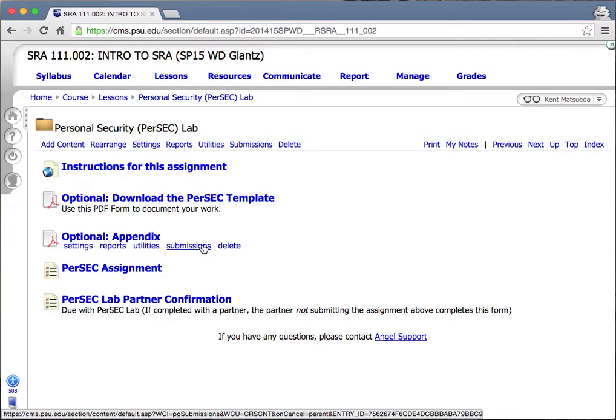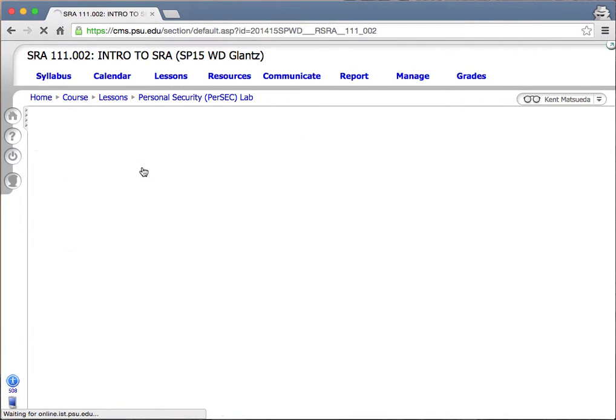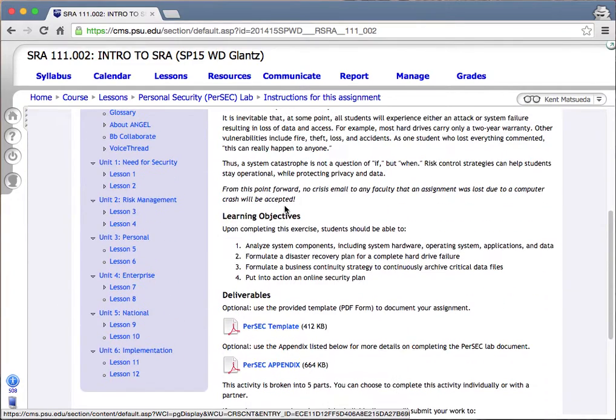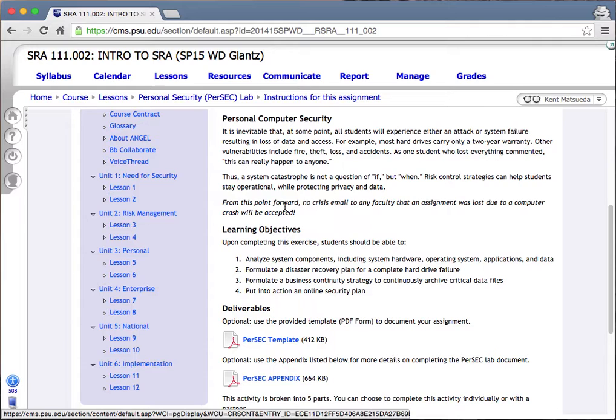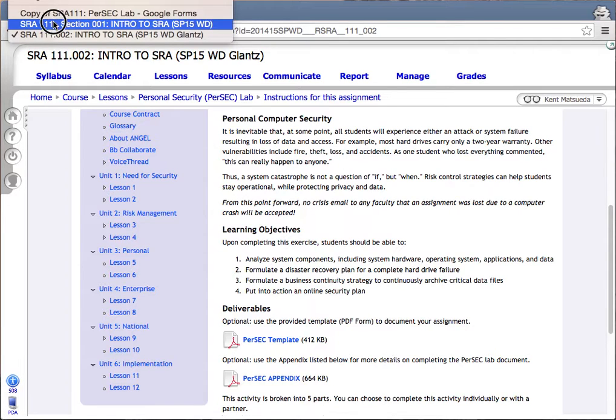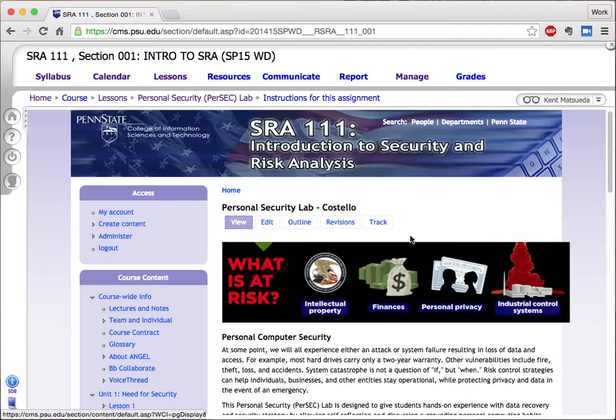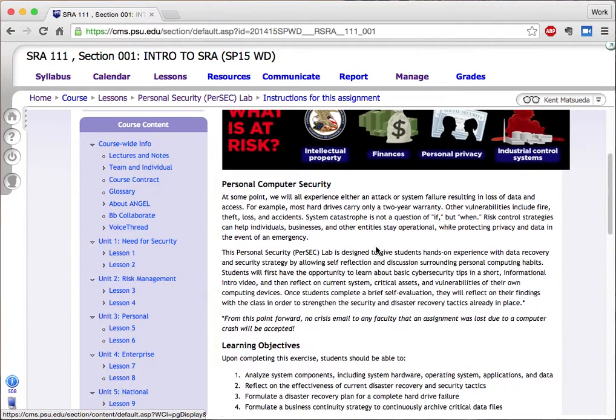Maybe we'll start off with the instructions. I'm going to open up Ed's here, and we'll flip back and forth between the two versions. So this is Ed's, and this is the one we created for Megan's section.